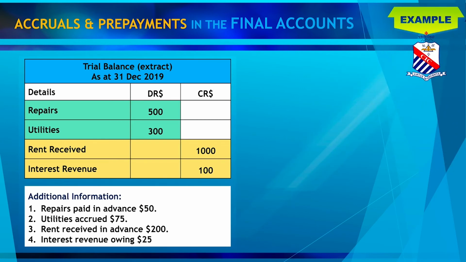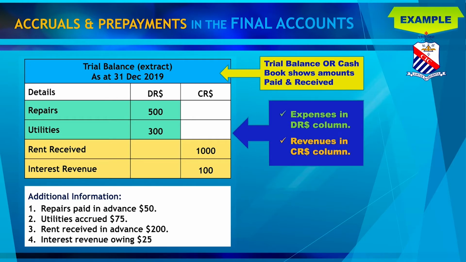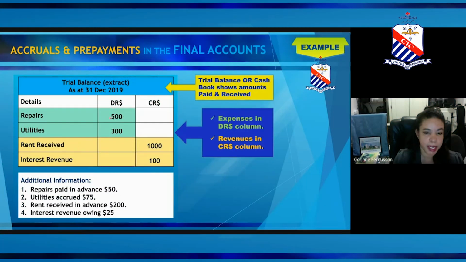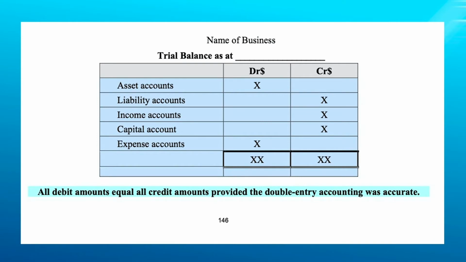So I don't know if you remember from last week, this was our example for the income statement. Just a reminder, the trial balance shows the expenses and the revenue that is paid. The expenses, which would be in the debit column, show how much repairs was paid and how much utilities was paid. In terms of revenues, which would be in the credit column, you remember, debit, credit, credit, credit, debit.